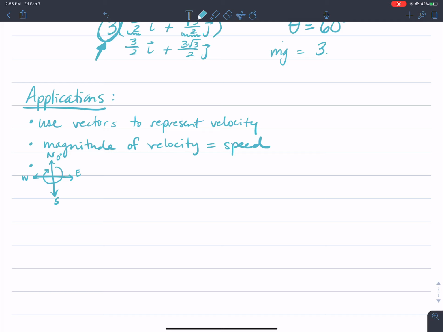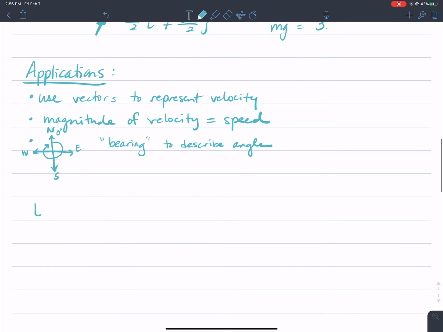And this is called a bearing. So they'll talk about the compass bearing to describe the angle. So that is the biggest issue with our application problems, is that our angle gets measured going from a completely different start point and in a completely different direction from how we've been measuring angles this whole time.